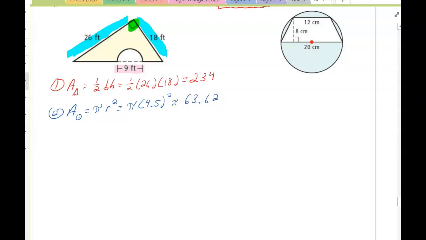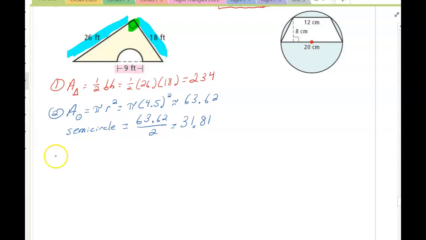63.62, which is the same dimensions as the earlier one, but we need the semicircle, which means we're going to take this answer 63.62 and divide that by 2. So we get 31.81 is for the semicircle.